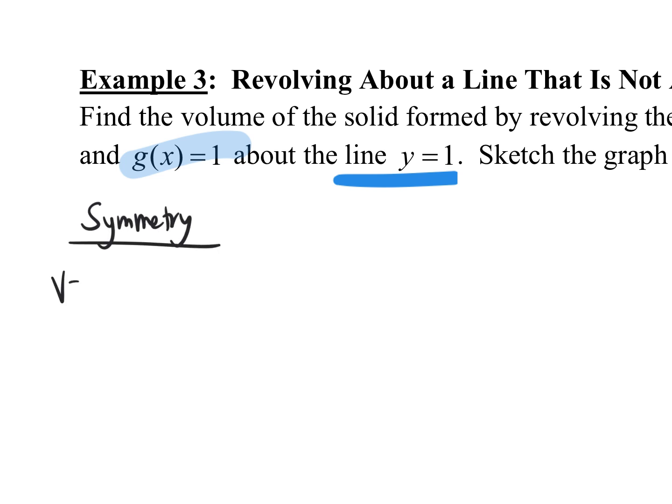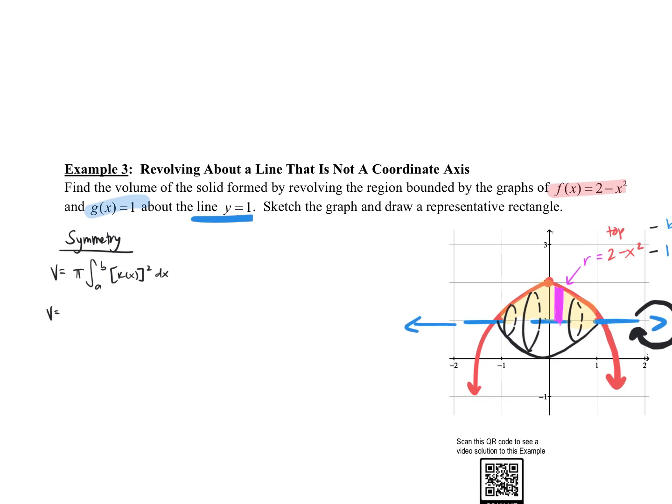So if we're using symmetry, our volume formula is going to be still pi times the integral from a to b of my function, but if we're using symmetry, we're going to start at 0 and go to 1, okay?